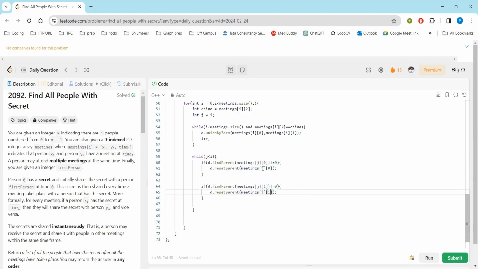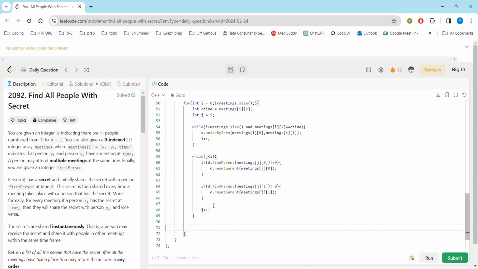So for the person at index 0, we have checked if it is not equal to 0. That means this person doesn't know the secret, and we have to update the ultimate parent. So we have updated, and the person at index 1 also we have updated. So we will increment the pointer.